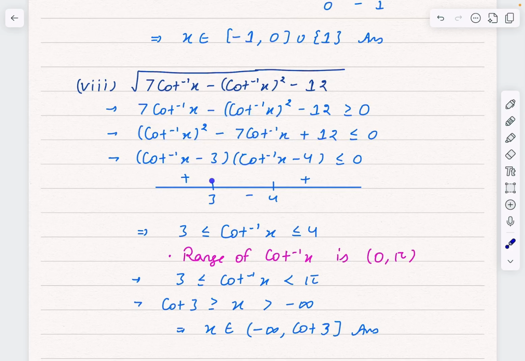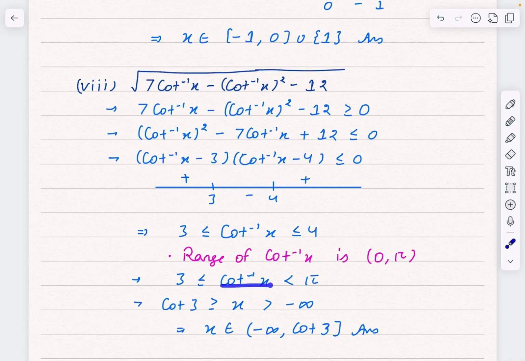So the roots of cot inverse x come out to be 3 and 4, positive, negative, positive. So from here, cot inverse x should lie between 3 and 4. But the range of cot inverse x is 0 to pi, and pi is like 3.14, no? That means it can be more than 3, but up to pi only.